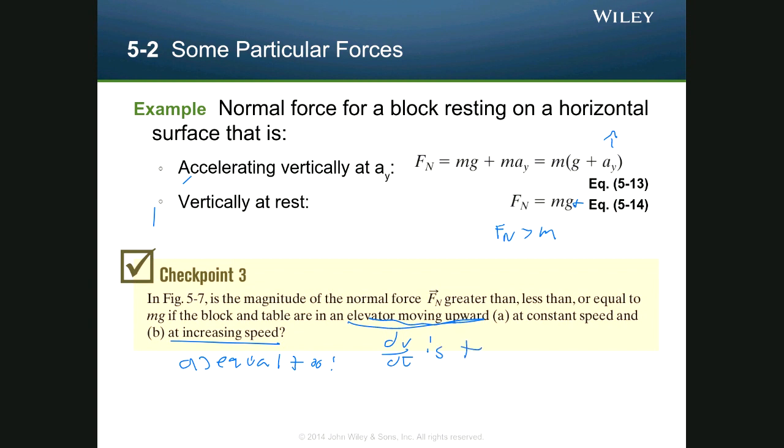That means that a is positive. And if you add a positive number up here, right, but that's part A. I do not want to confuse part A with part B. We've done part A. So at constant speed, a is 0, and we have that it's equal to mg. So part B, it's at increasing speed. Okay, good. All right.